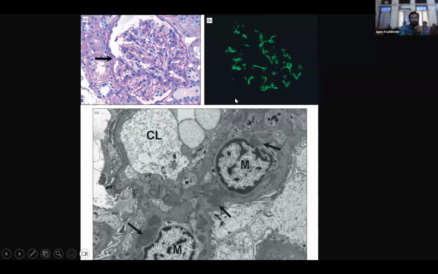So if you are getting deposits in the mesangium, what is the most likely pattern I am going to get? I will get the mesangial pattern of IgA deposition. If I am doing EM also, I will see the electron dense deposits located inside the mesangium.